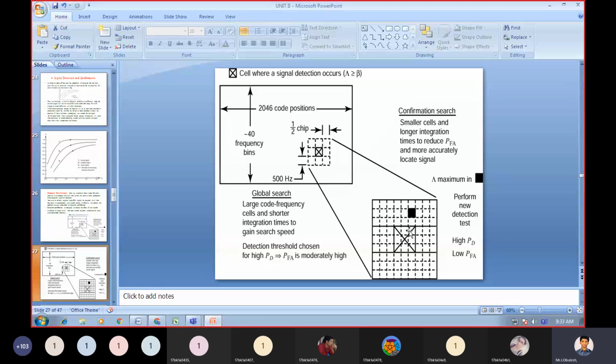This is the confirmation search: smaller cells and longer integration times to reduce PFA and more accurately locate the signal. This indicates the cell where a signal detection occurs.